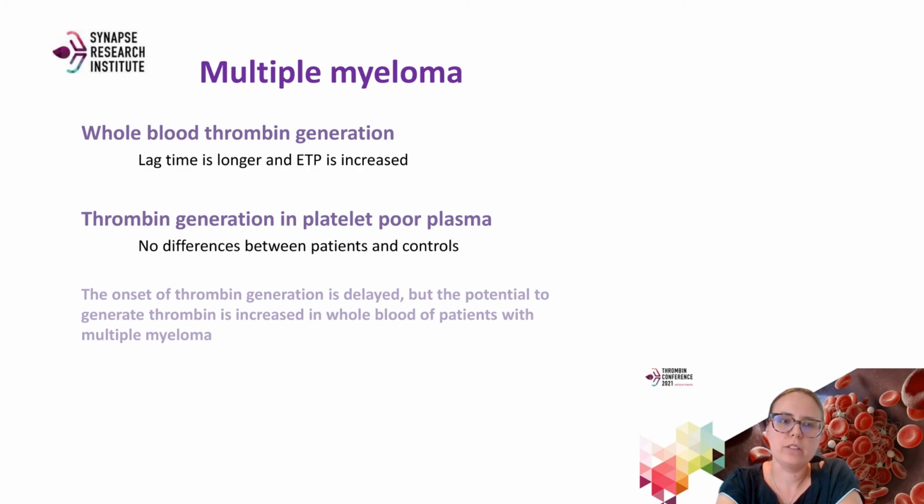So to summarize, in whole blood there was a longer lag time and an increase in ETP, but in platelet pool plasma there was no difference between patients and controls. So the onset of thrombin generation is delayed, but the potential to generate thrombin was increased in whole blood of patients with multiple myeloma.